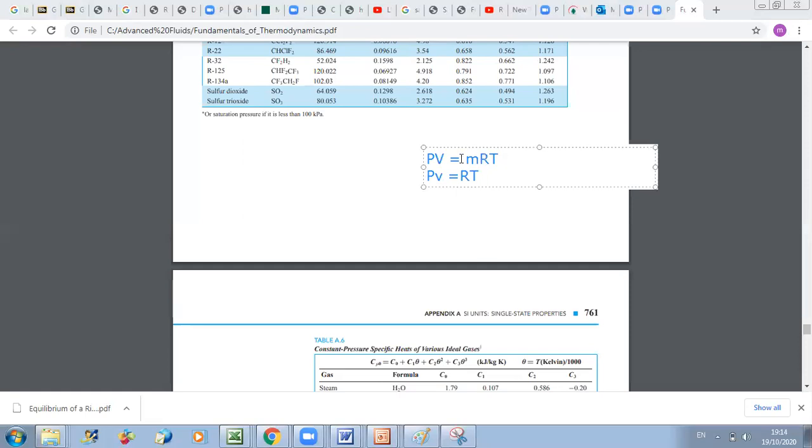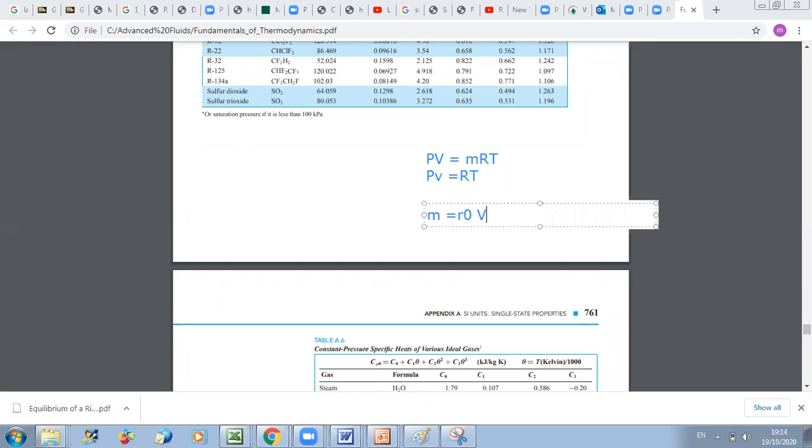Now, in general, if you have an expression with rho, which is the following. You have that the mass is equal to rho times the volume.